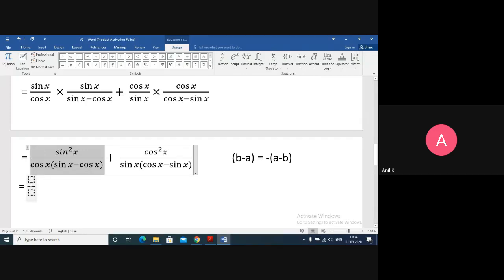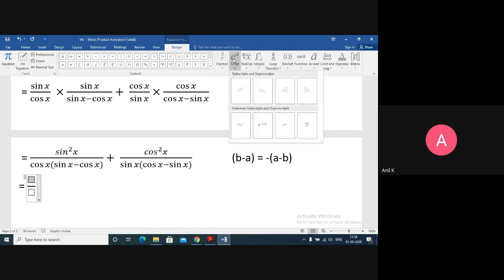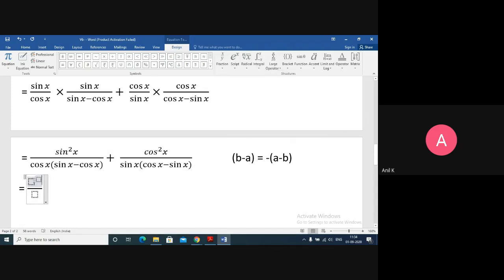So when I multiply with sin x, sin square x into sin x will be sin cube x, and the denominator will be sin x into the whole denominator, cos x into sin x minus cos x.